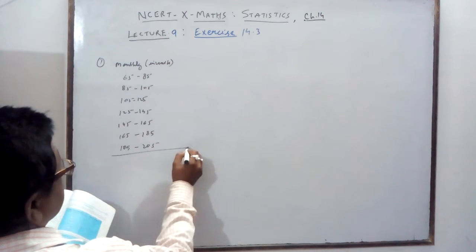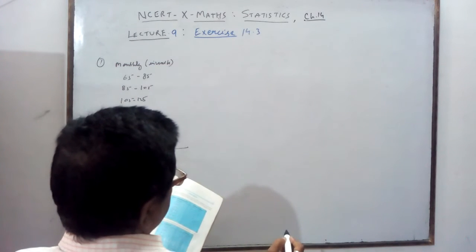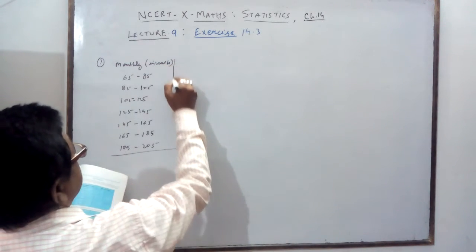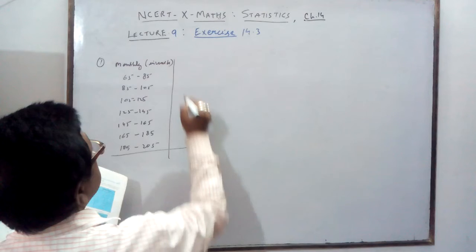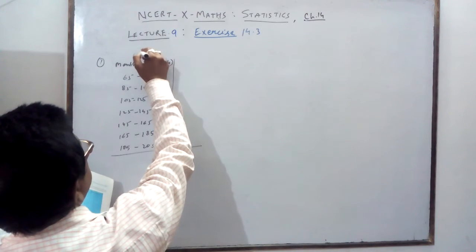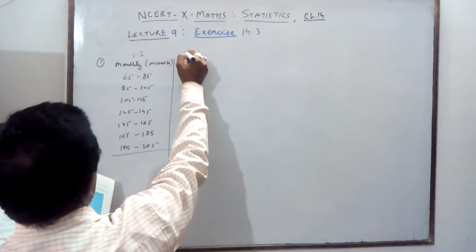It is the consumption of electricity for the number of consumers. The number of consumers is given here. This is called the CI and this is the FI.